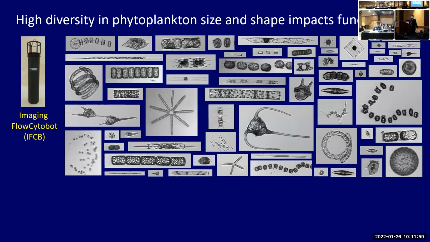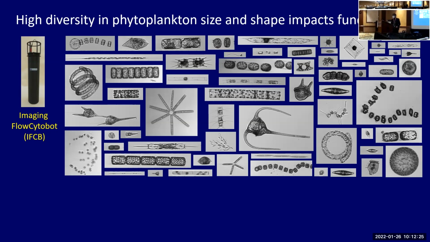So I want to start by bringing right to the front of your minds that many phytoplankton are not little spheres, and they're not even little spheroids. We know that they vary incredibly in size, many orders of magnitude, but they also vary greatly in shape.